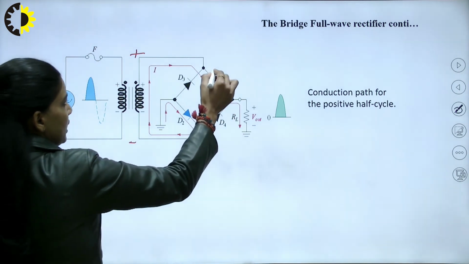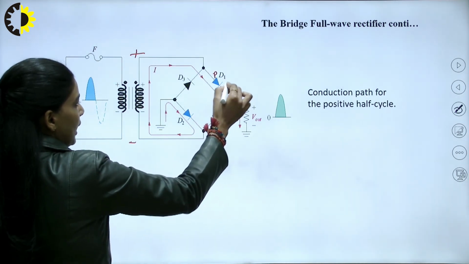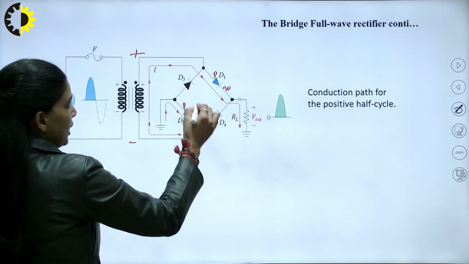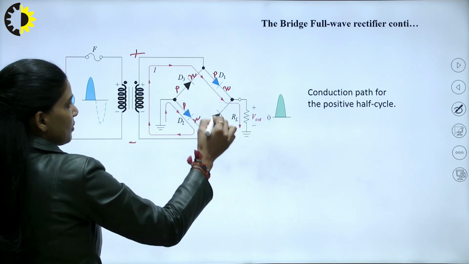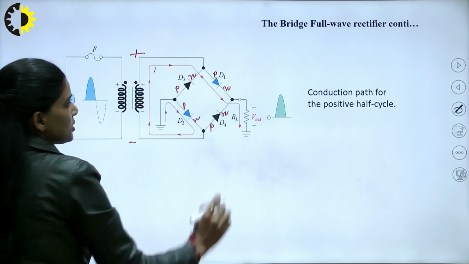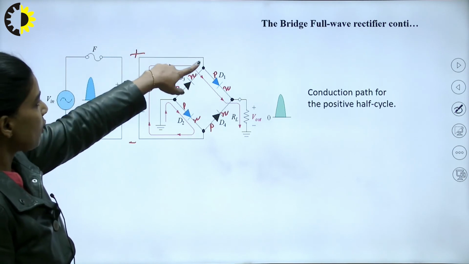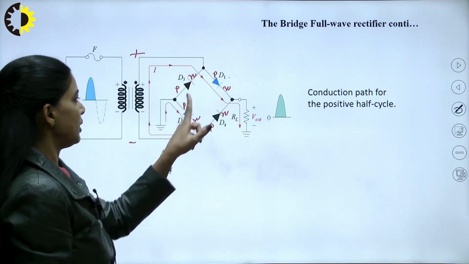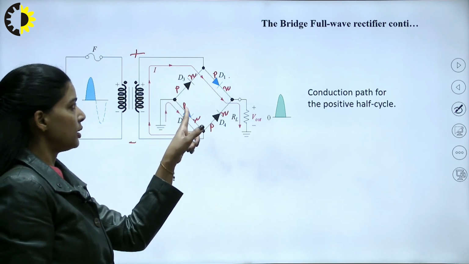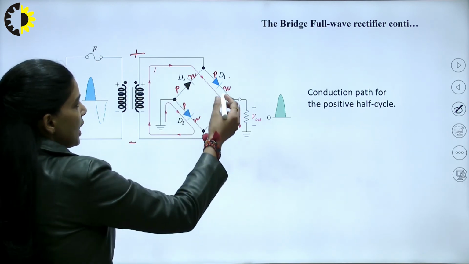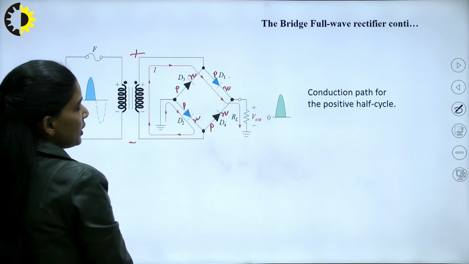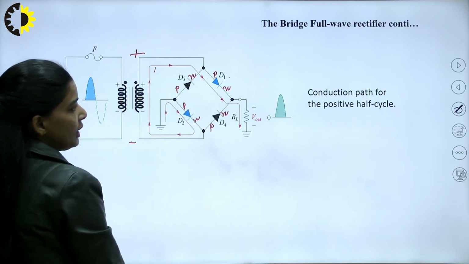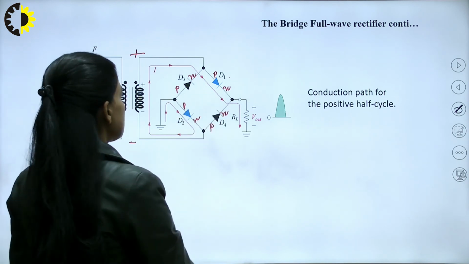So, this is the P of this diode, N, P, N. Here we can see positive of this node is connected to the positive of diode D1 and positive of diode D2. So, these 2 diodes will be forward biased and D3 and D4 will be reverse biased.